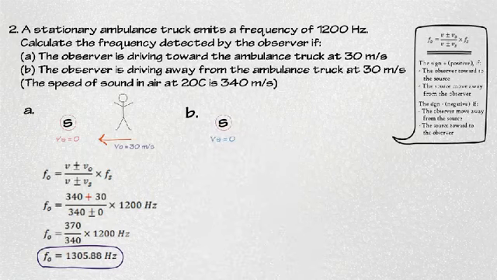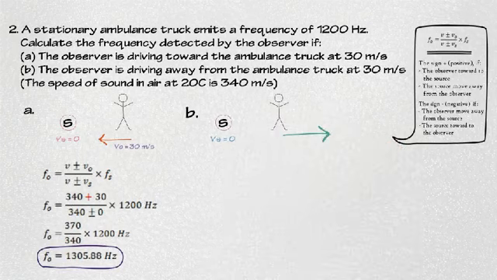For point B, there is a stationary source, the velocity is 0, and the observer is driving away from the source with a velocity of 30 meters per second.